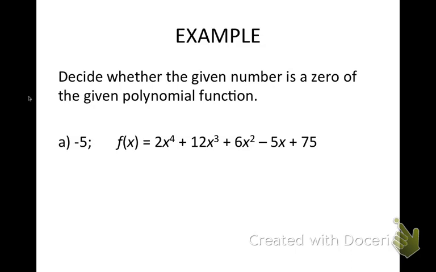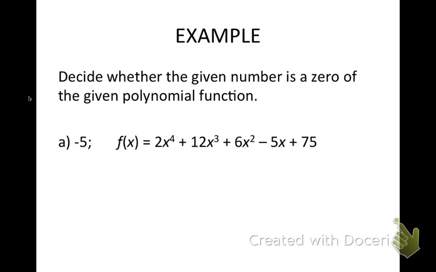Okay, so to decide whether it is a 0, I'm going to use synthetic division and make sure my remainder is 0. Or technically, I could just plug in -5 in place of x to see what I get when I evaluate it.